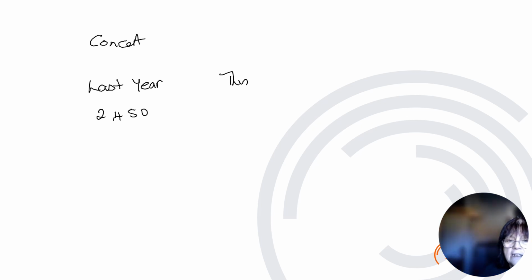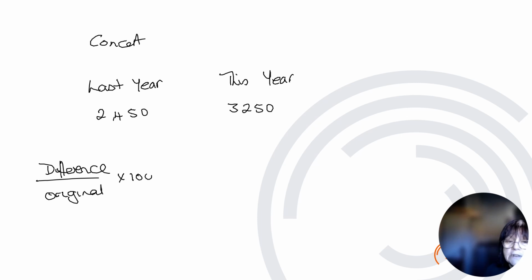This year they have sold 3,250 tickets. And what they want to know is what is the percentage increase in ticket sales. So again, difference divided by the original times 100.